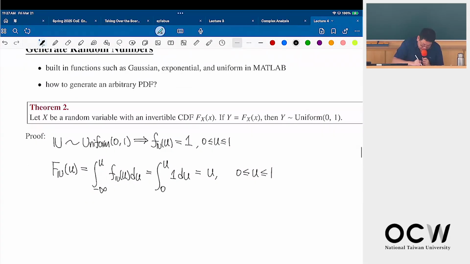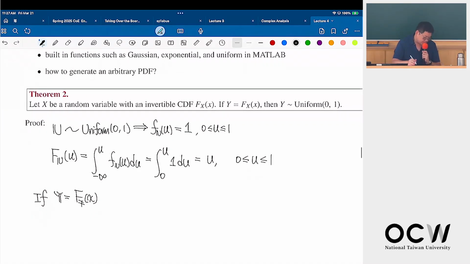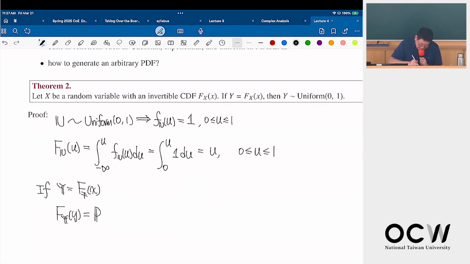If the random variable y is the CDF of x, let's find the CDF of y. What is the CDF of y? That is the probability of your random variable y less than or equal to some point, say lowercase y.